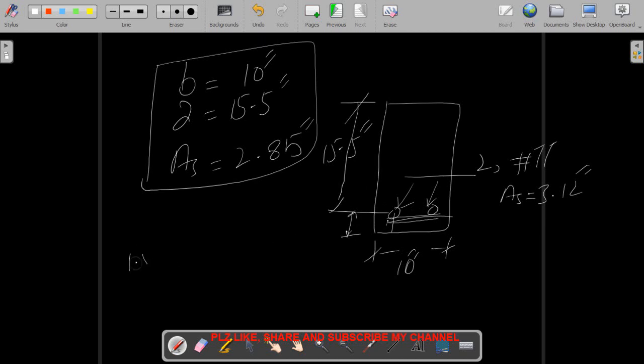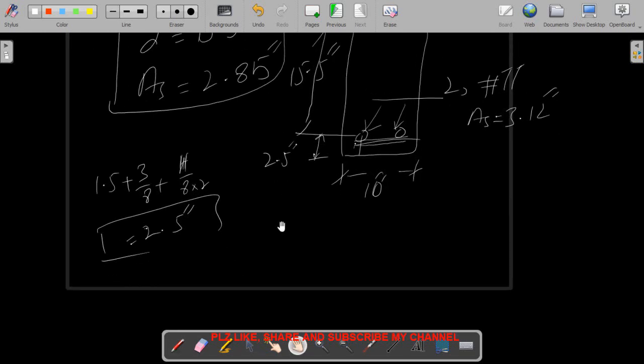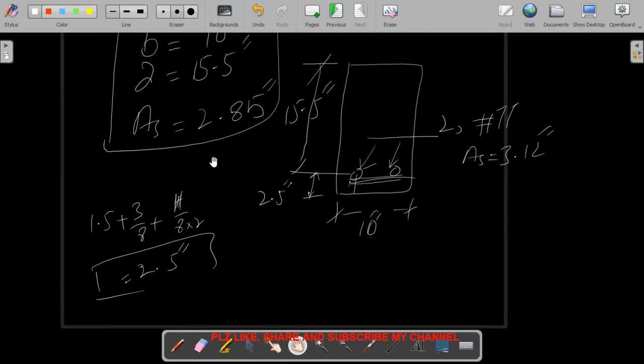So if I use 1.5 plus 3/8 plus 11 divided by 8 divided by 2, from this I can calculate my effective cover, which is 2.5 inch. So this is okay. My effective cover is 2.5 inch, and this is the final design, right?